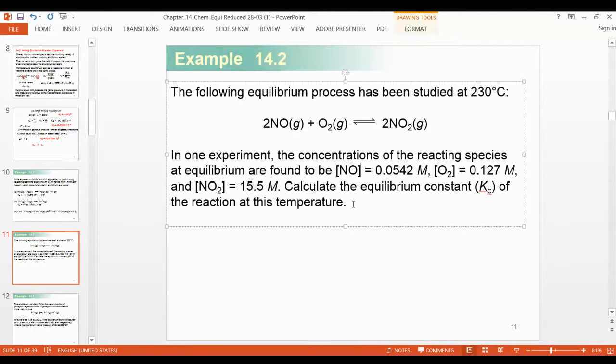So how will you do that? How do you calculate Kc? The multiplication of the products raised to the power of the coefficients over the reactants. Very good. So the same formula you use when you write the equilibrium constant. Just put in all the values and calculate Kc. Okay, clear everybody? No need to solve it, right?